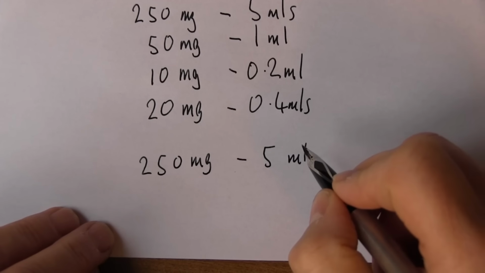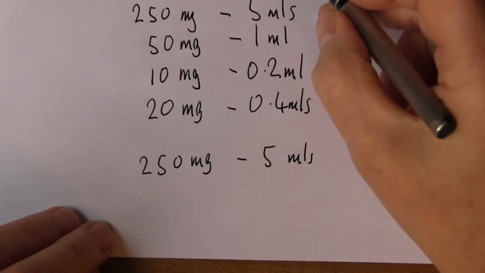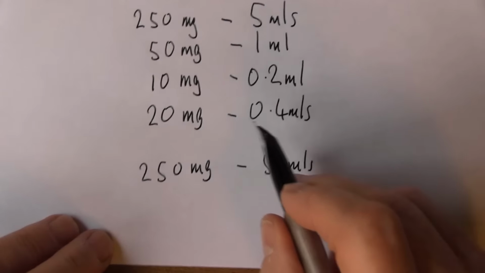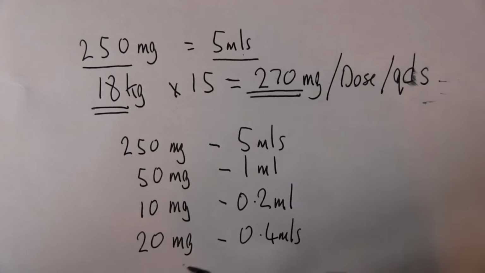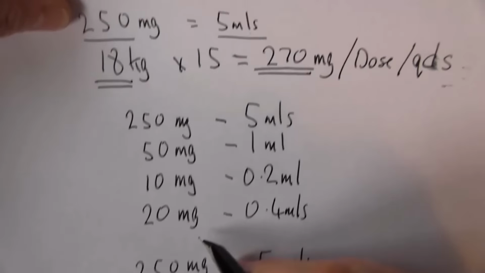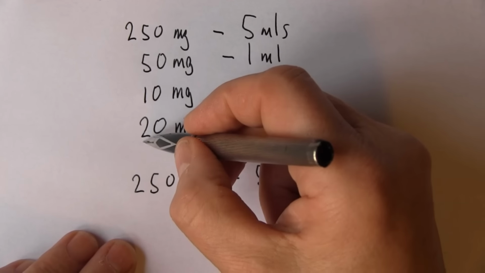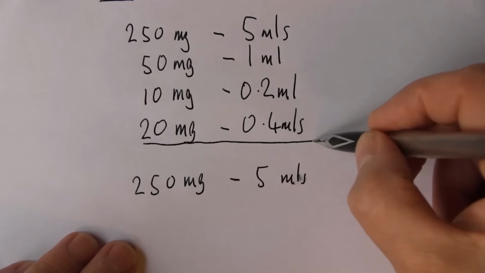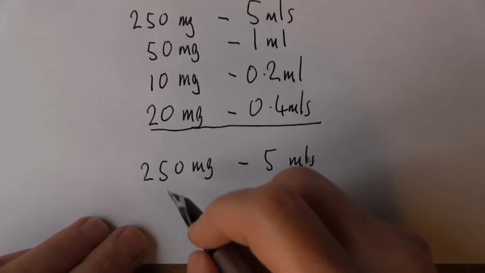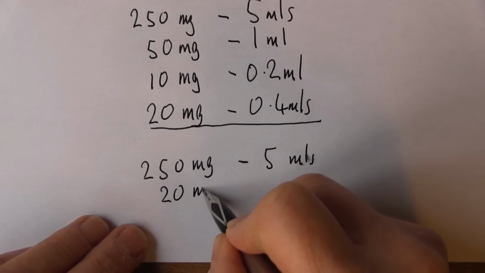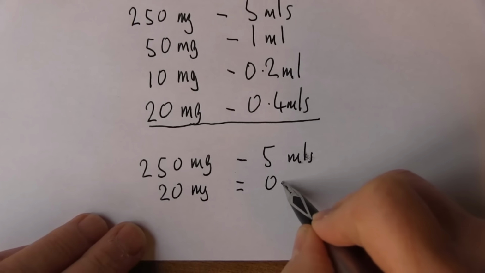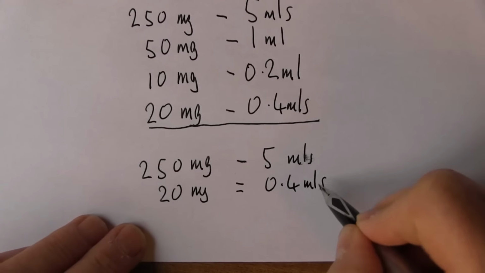But I also want to make it up to 270. So I need to give an extra 20 milligrams. And I know from this line here that 20 milligrams is equal to 0.4 of a mil.